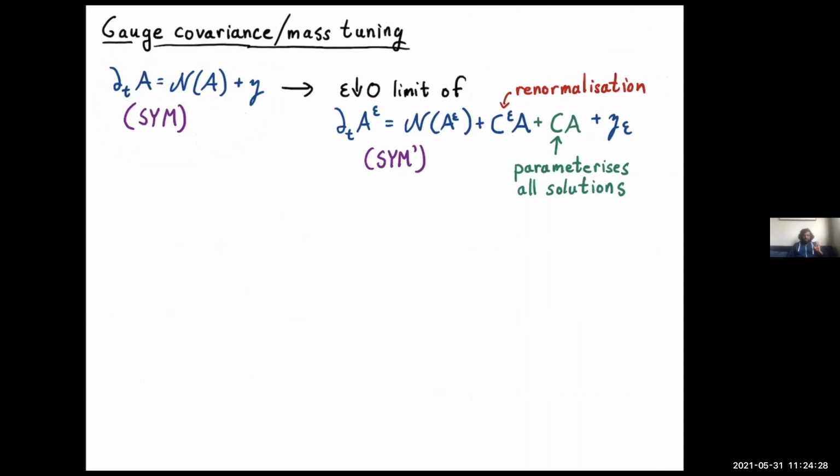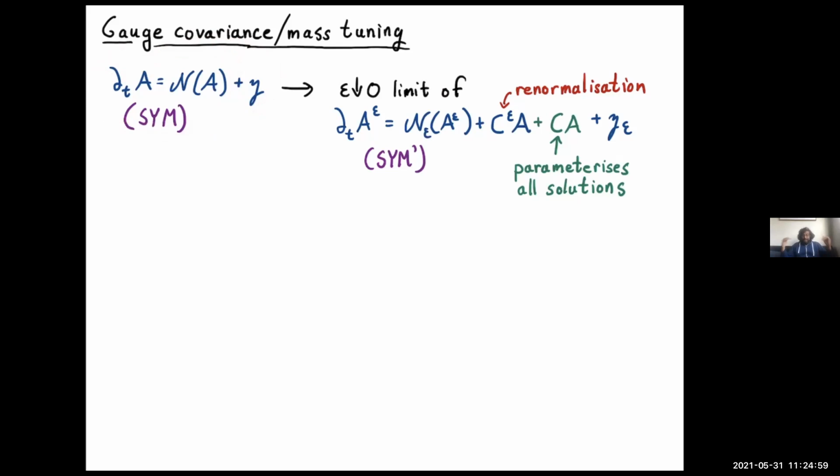In the theory of regularity structures, our solution theory usually gives you a family of solutions that are parameterized. If you're trying to solve this equation, you can realize it as the limit of renormalized equations. And here, sorry, I should put an epsilon here because you need to renormalize the nonlinearity.